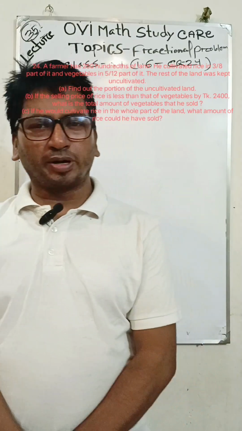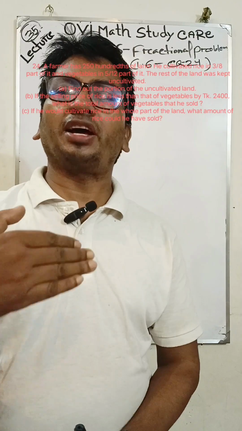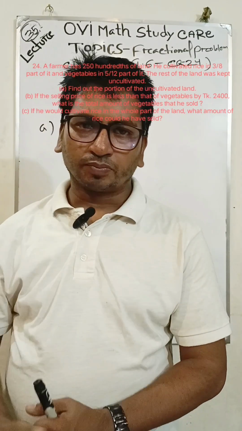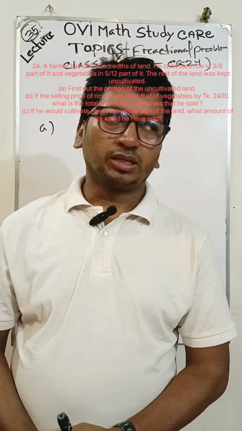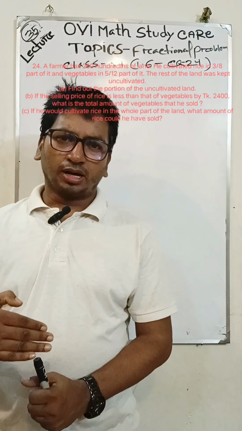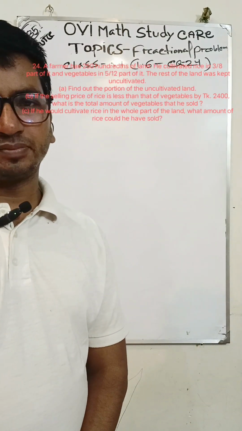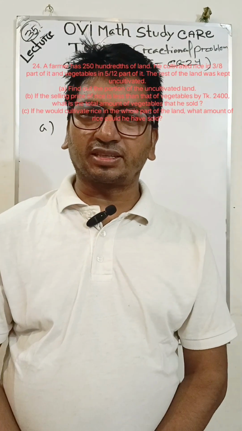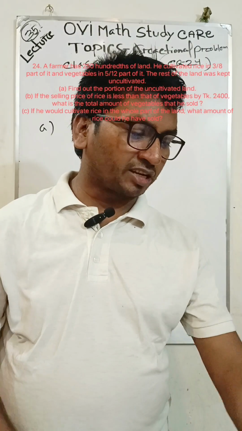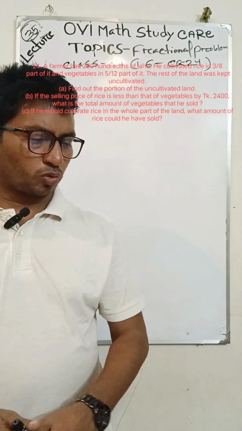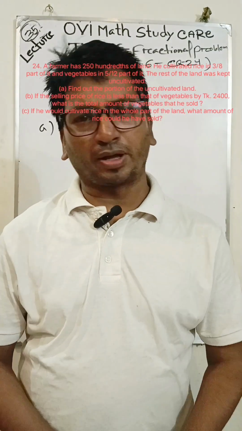Can you imagine that for the same amount of land, the price of vegetables and the price of rice will be the same? For 100 percent land, the price of vegetables and rice will not be the same. The creative question assumes they are the same. Actually the question is wrong, but mathematically we can solve it.